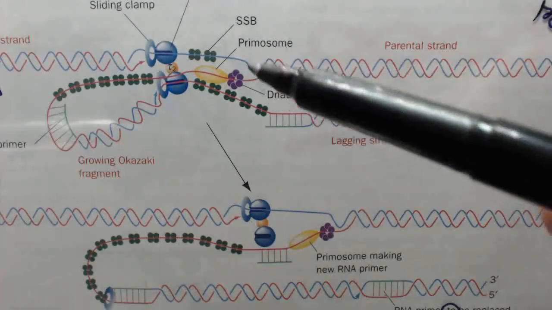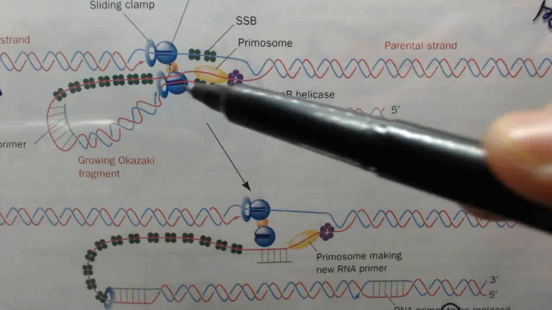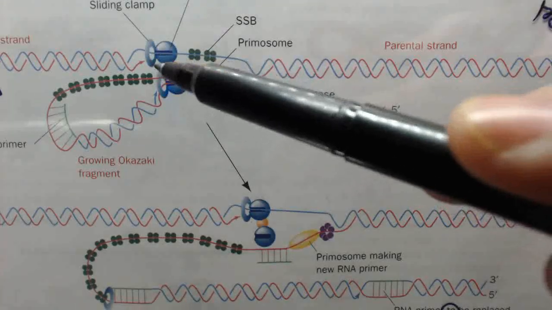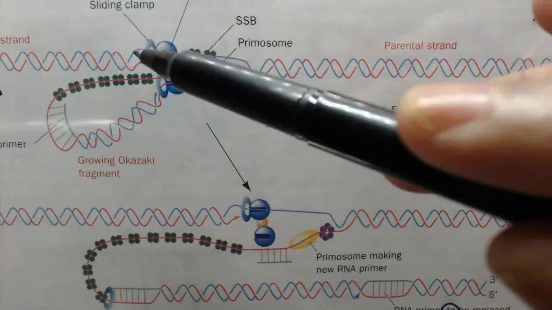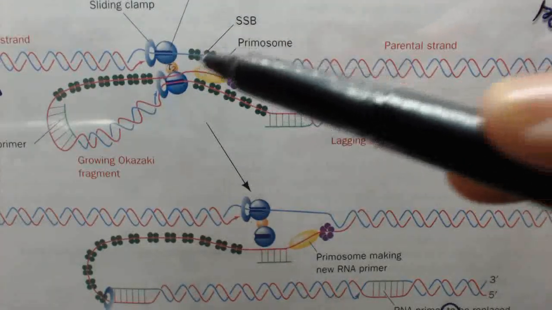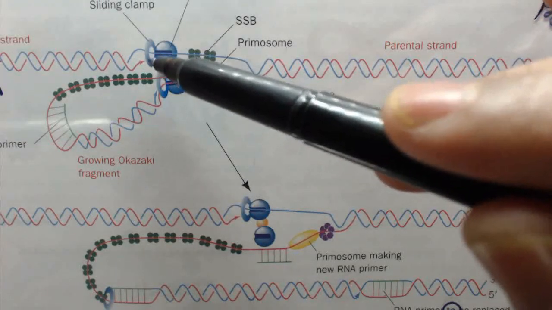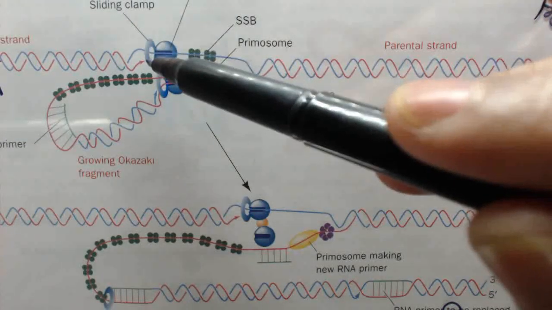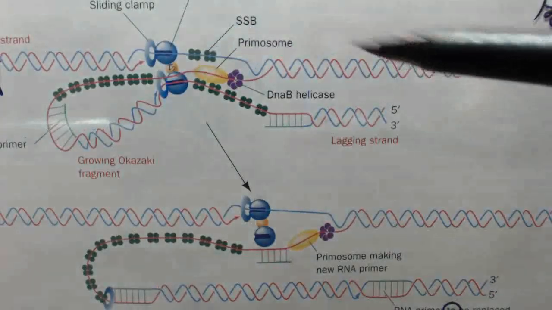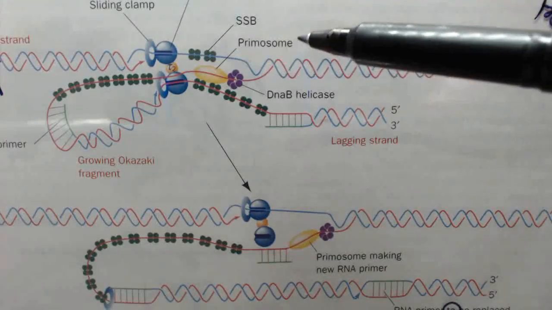Now, as the loop is formed, this is the beta clamp loader, a clamp loader protein, that is placed there. So imagine that using this blue strand as a parent, as a template, the extension of this red strand will occur. That's why there is an arrow over there. The extension of the red strand will occur from 5 prime to 3 prime, which is in the forward direction, parallel to the direction of the fork movement.